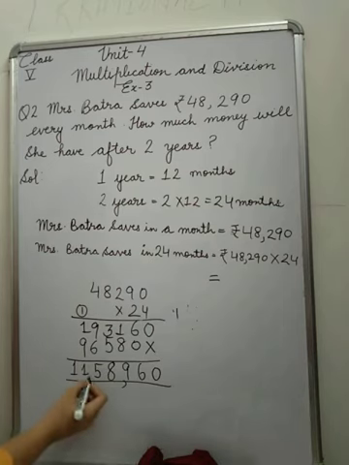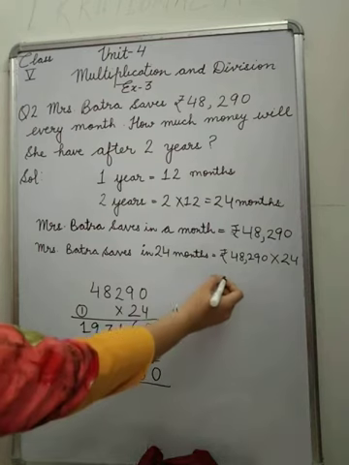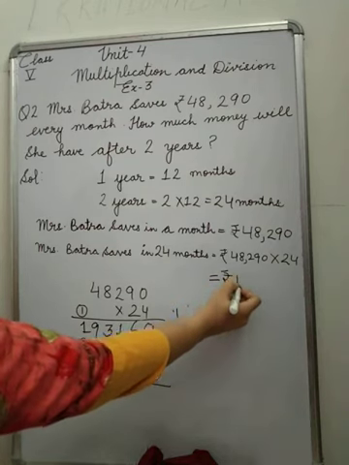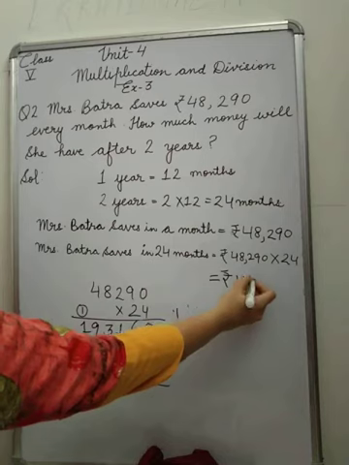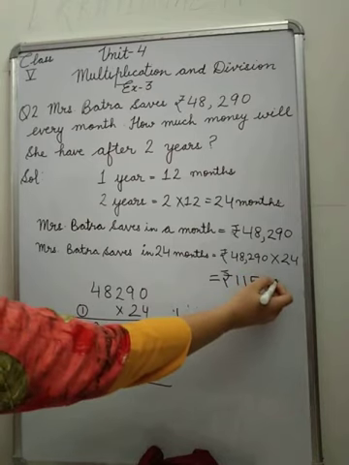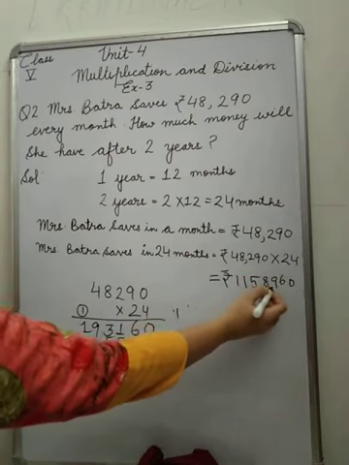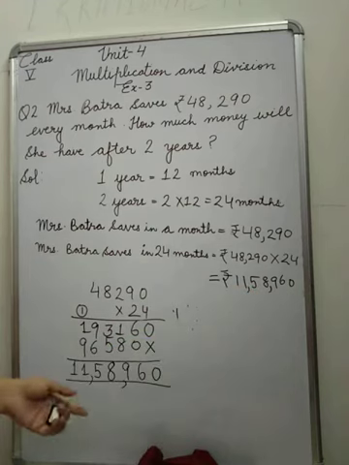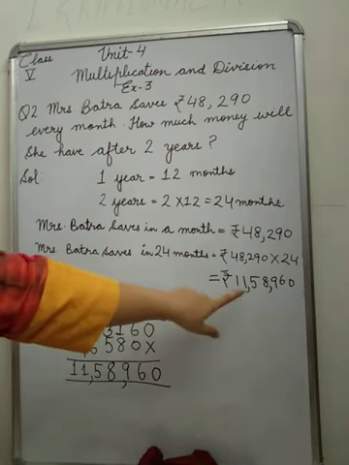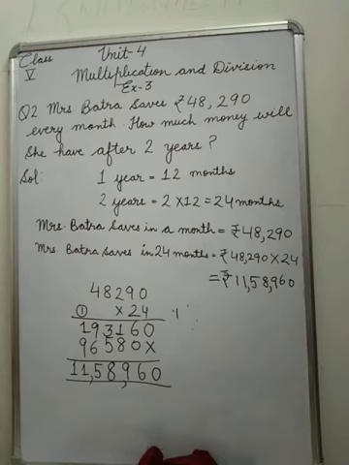This is the amount, that means it will be in rupees. So write it here rupees 1,158,960. So she will save 11,58,960 rupees after 24 months.